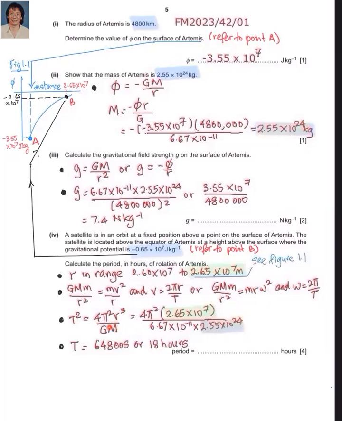Substituting the values, 4π², r is 2.65 times 10 to the power 7, cubed, divided by GM. This will give you an answer of 64,800 seconds, which turns out to be 18 hours. So this is how you get the 4 marks here: 1 mark each.